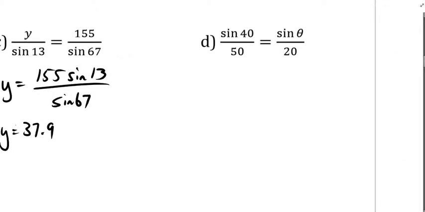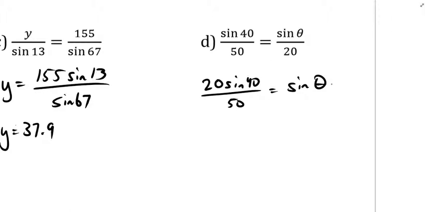D. How many people got D done as well? Okay, good. Most people. Okay, so theta's on the right. That's a little weird maybe, but that's okay. It doesn't matter. So I take the 20 and multiply. And I'm looking for an angle, so this is the kind where we do shift sign.